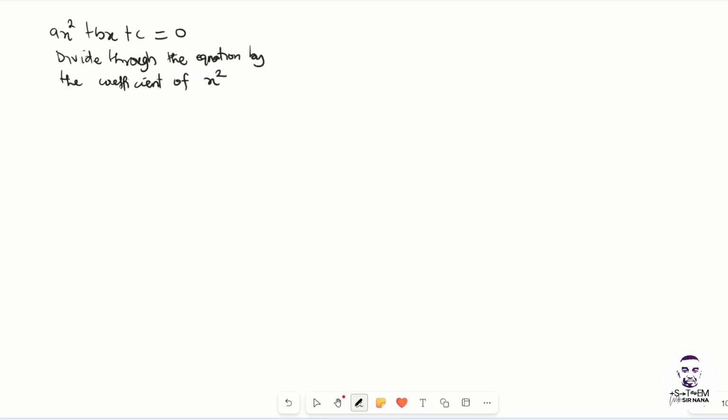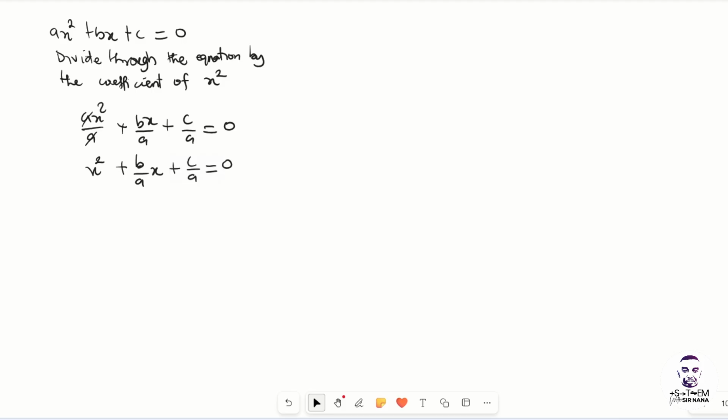So that implies that we'll get ax squared all over a plus bx all over a plus c all over a is equal to 0. The a will divide the a, and we will get x squared plus b all over a x plus c all over a is equal to 0.